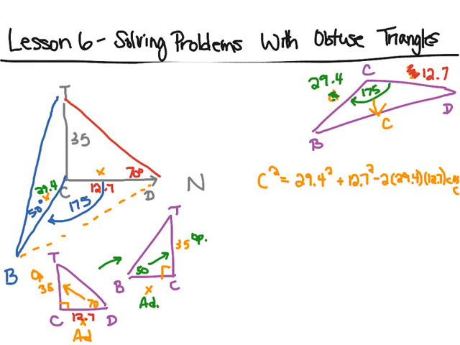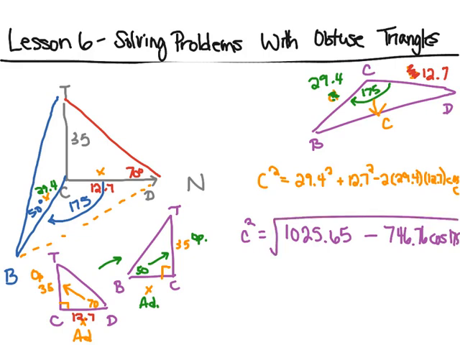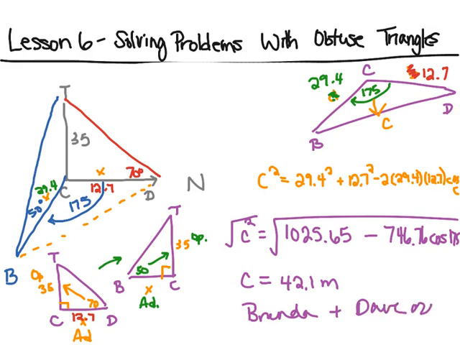So 29.4 squared plus 12.7 squared, you should get 1025.65, minus 2 times 29.4 times 12.7, you should get 746.76 cos of C, which is 175. And we're going to square root that answer, type it all into your calculator, and you should get 42.1 meters. So Brenda and Dave are 42.1 meters away from each other.